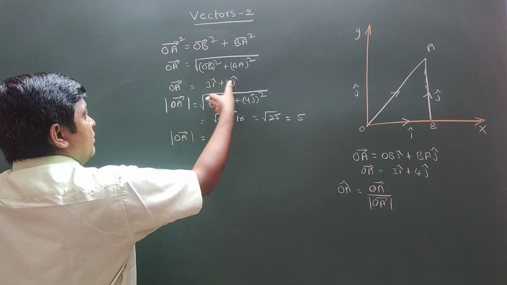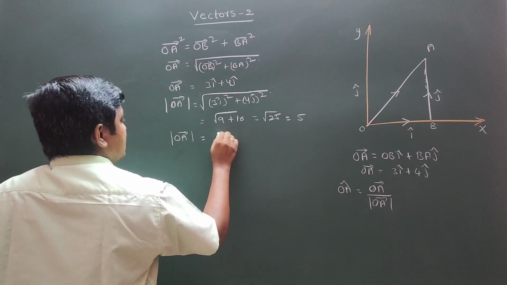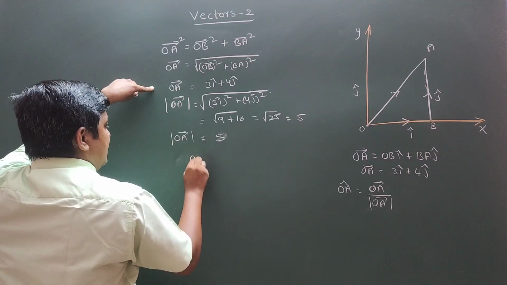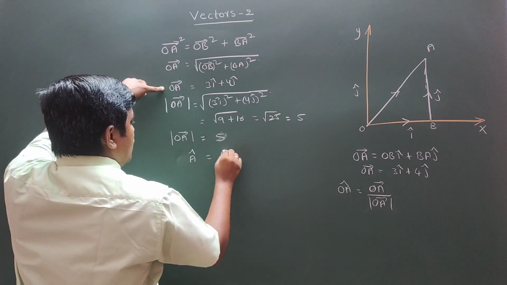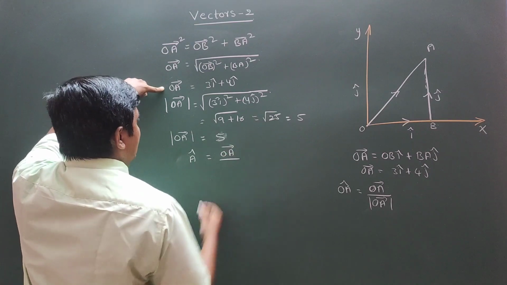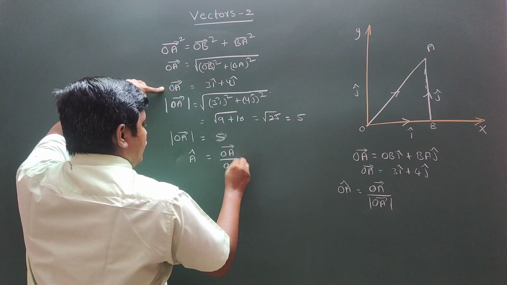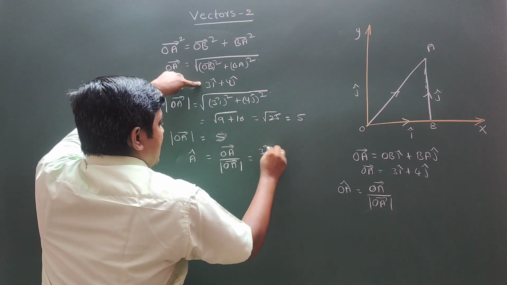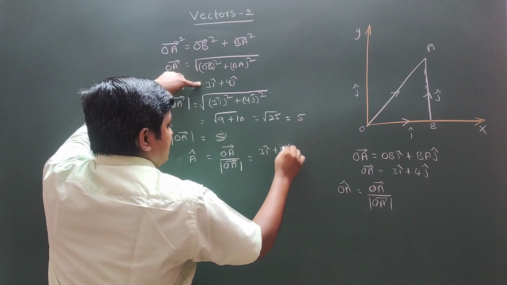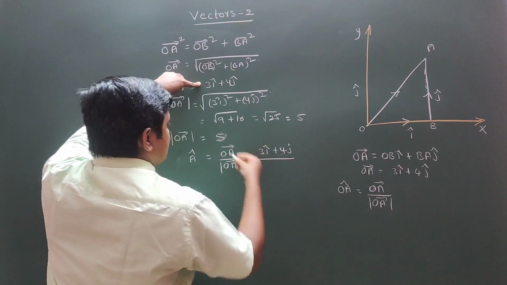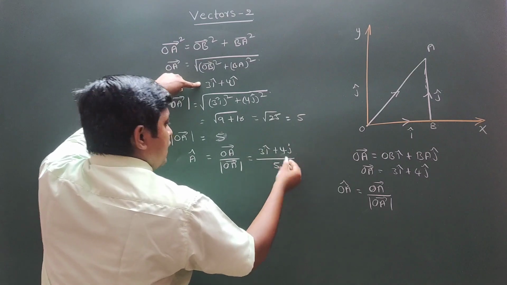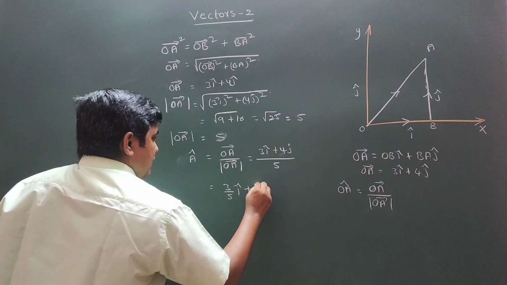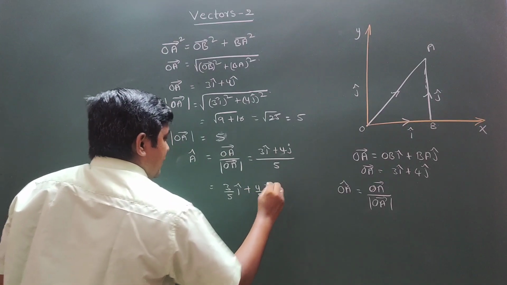What is OA bar? 3 i cap plus 4 j cap, right? But the OA bar magnitude is 5. Now if you do that, what will come? 3 by 5 i cap plus 4 by 5 j cap.